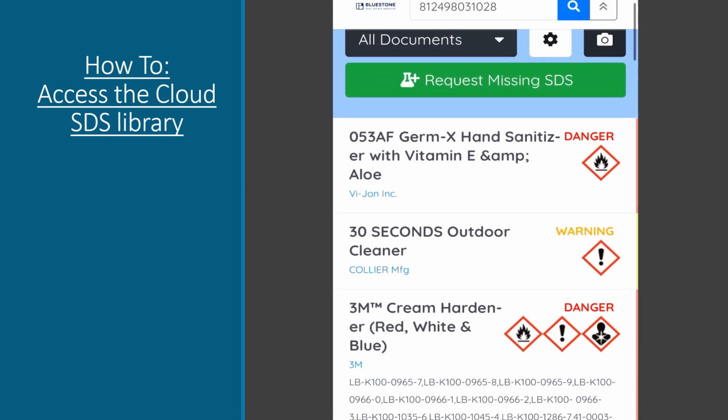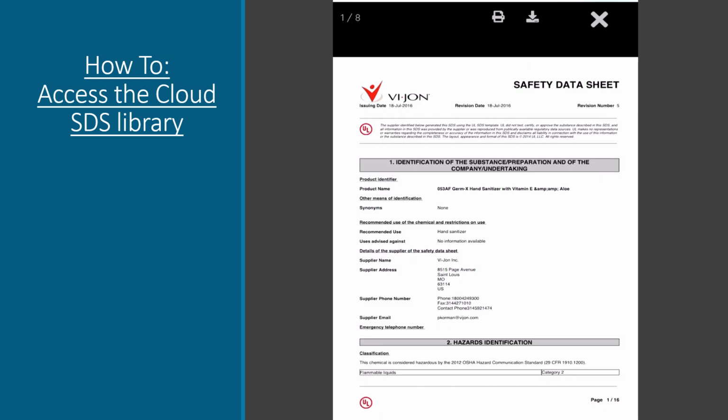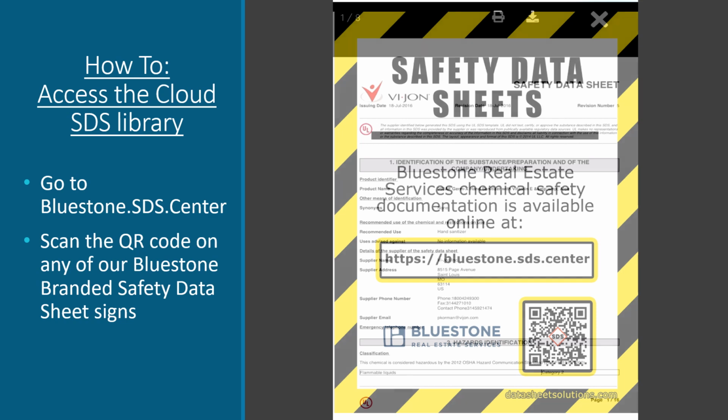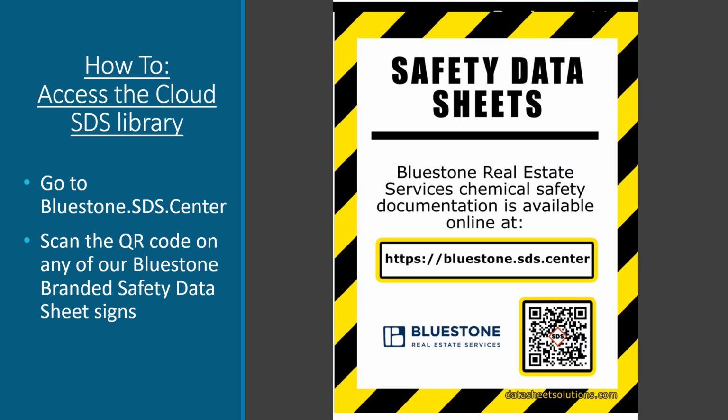Users can also download our entire library for use offline with minimal storage space on their devices. As a bonus, the system automatically updates SDS pages when suppliers release new versions. To access our SDS library, you can scan the QR code on the screen or type in the URL into any browser.